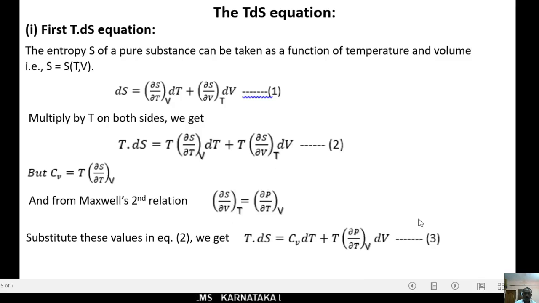Let it be equation 3. Hence equation 3 is called the first TdS equation. Equation 3 contains the entropy, the specific heat of a gas at constant volume, and the ratio ∂P/∂T at constant volume dV.